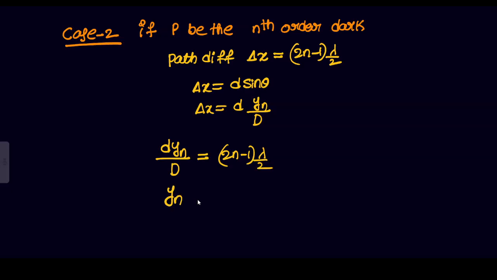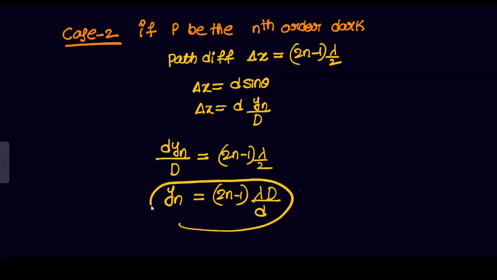Then yn is equal to (2n minus 1) into lambda capital D by 2d. This is the distance of the dark fringe from the central bright.